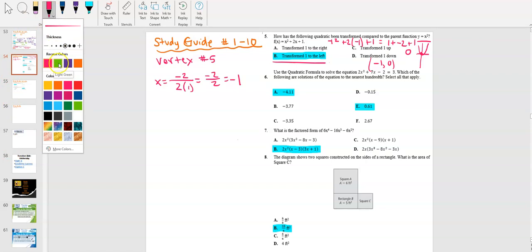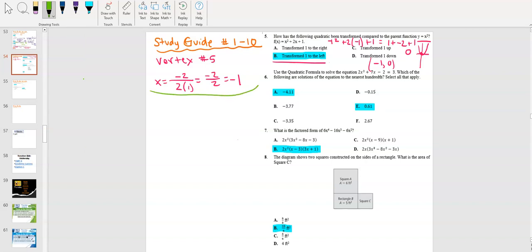Okay. Our next problem is using the quadratic formula, which means I'm going to be using my little song to remind me of my equation. So negative b plus or minus square root b squared minus 4ac all over 2a. And I'm going to go ahead and plug in these numbers here.